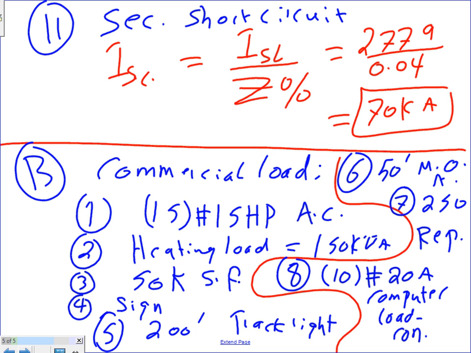I have a 50,000 square foot building, and I have a sign, one sign, 200 feet of track lights, 50 feet of multi-outlet assembly non-continuous, 250 receptacles, and number 10 is 10 circuits. Each one of them is 20 amps. And by the way, the voltage of these is 120 volts, because you need the voltage. 120 for computer load, servers, continuous.